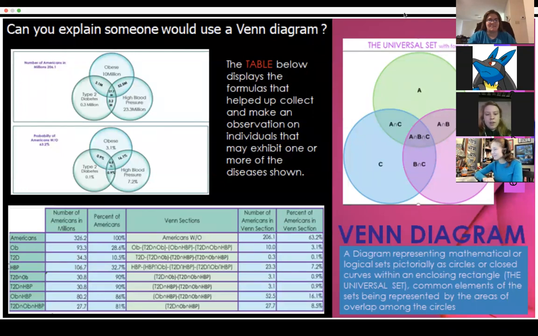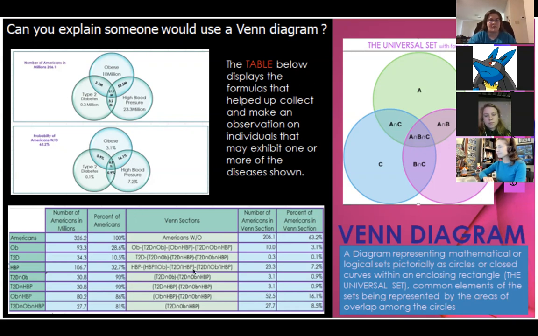Jessica, can you explain the Venn diagram? Yeah, a Venn diagram is a three-circle diagram, and it's often used to present data in a very organized way. Typically, we make a table first, and it contains our independent and dependent variables. Once our table is set up, you can see down here at the bottom we have this lovely table.